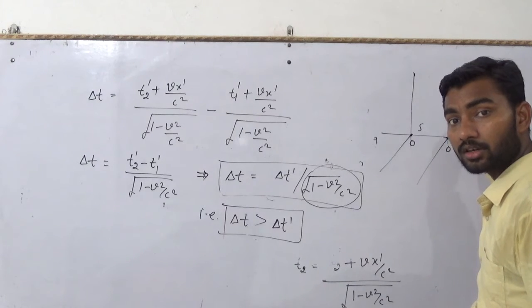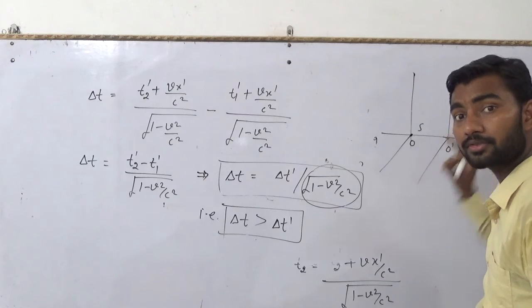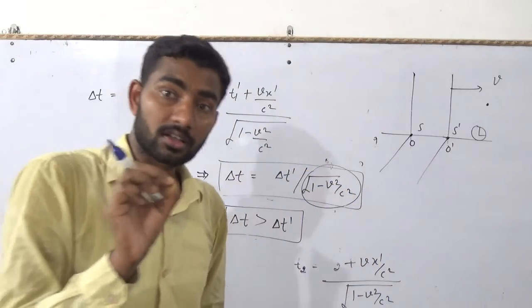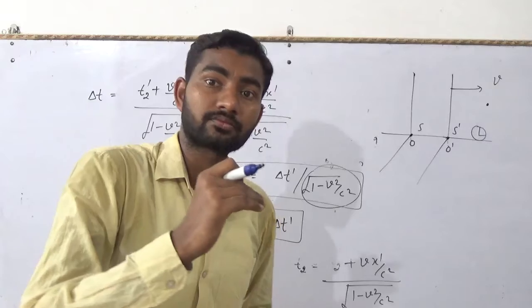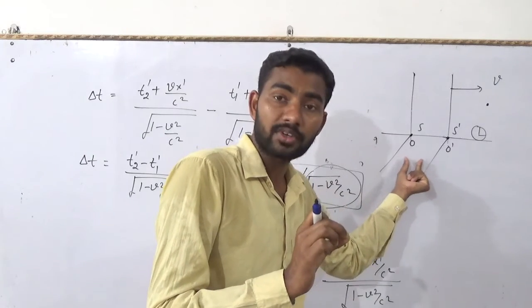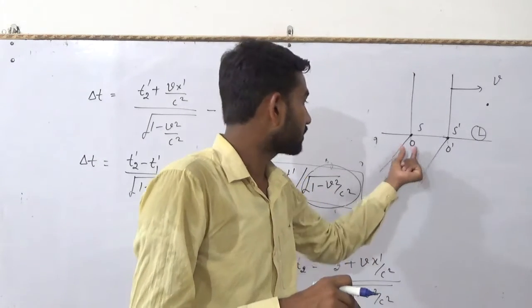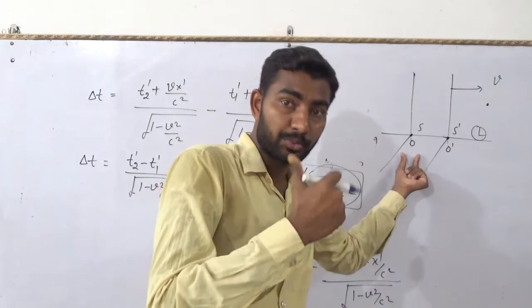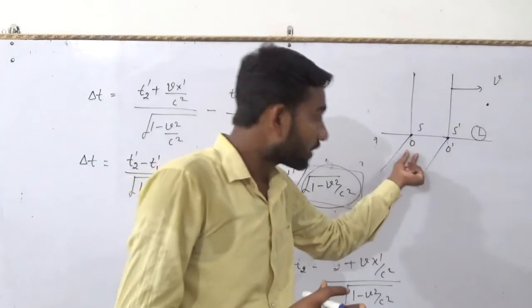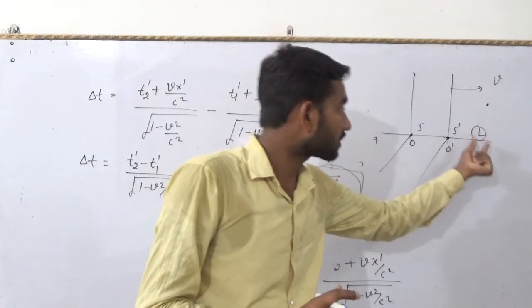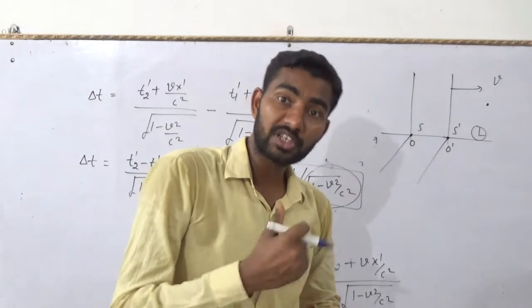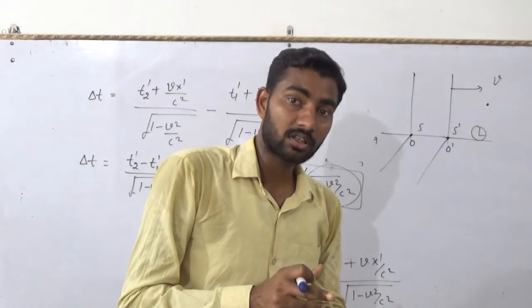If the clock was at rest in the frame of reference S dash, and we are considering two events from this frame of reference S, you can realize very easily that the events are occurring in this moving frame of reference S dash and we are observing the time interval from this frame.